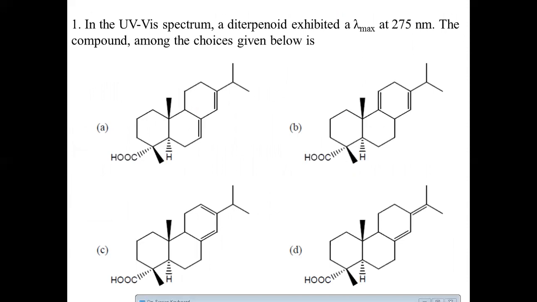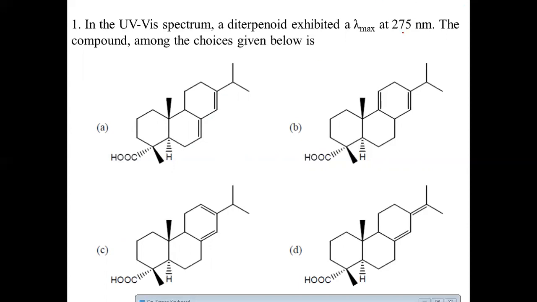Now in the UV visible spectrum, a diterpenoid exhibits a lambda max at 275 nanometer. The compound among the choices given below, you have been given 4 options. Now when you consider the first option, here it is a heteroannular double bond, and we know the base peak is 215.